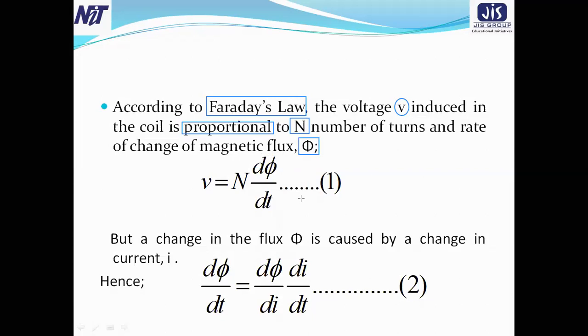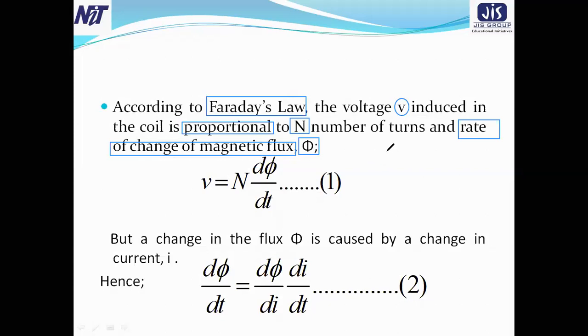What Faraday's law is explaining is that the voltage V induced in the coil is proportional to the number of turns N and the rate of change of magnetic flux. This is the important part. So what is flux?